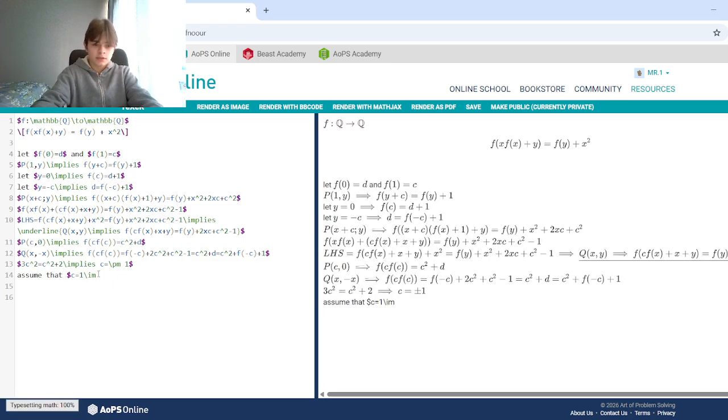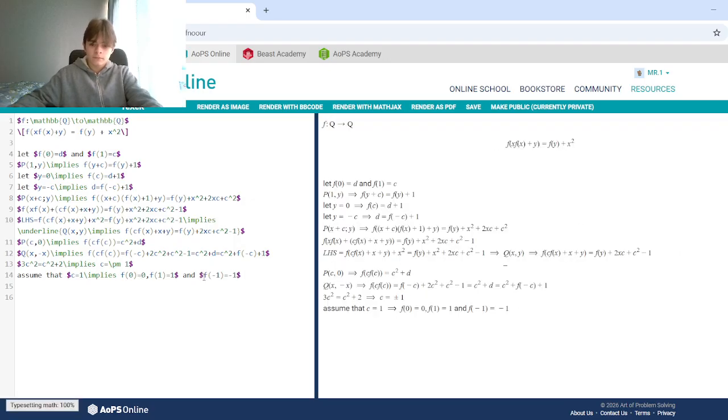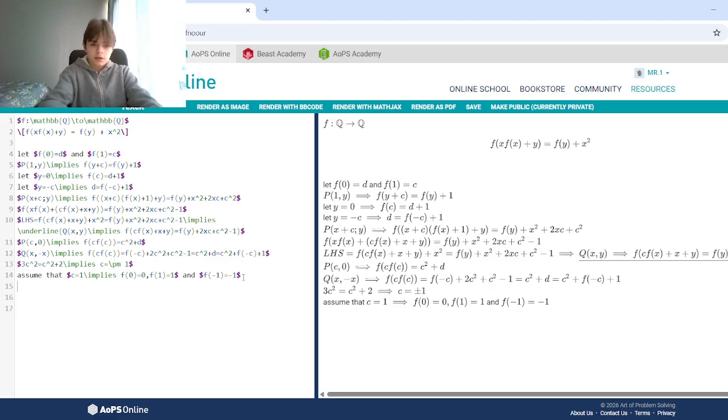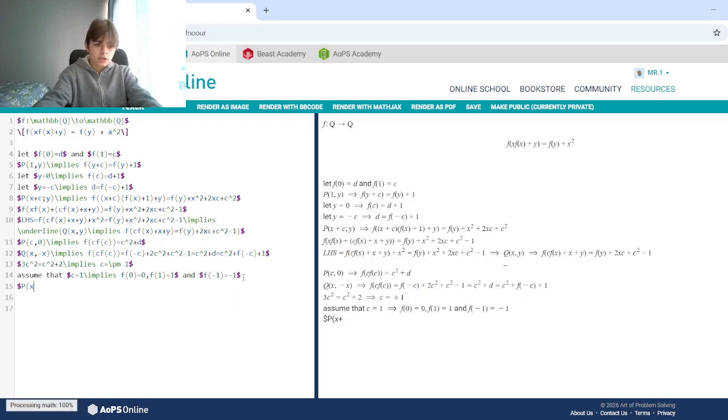This implies that f(0) is 0, f(1) is 1, and f(-1) is equal to -1.